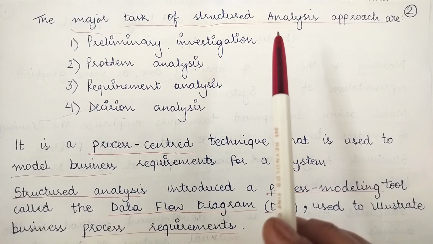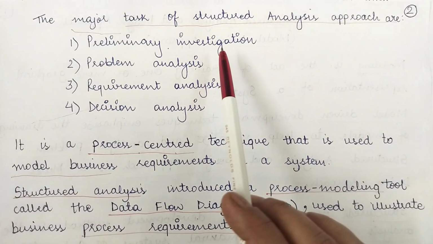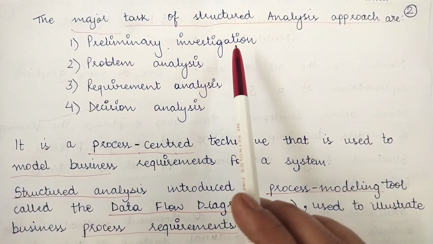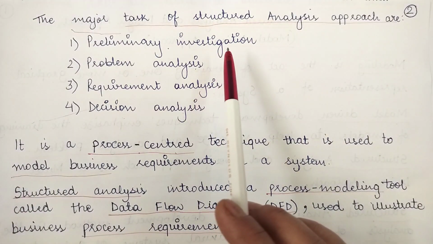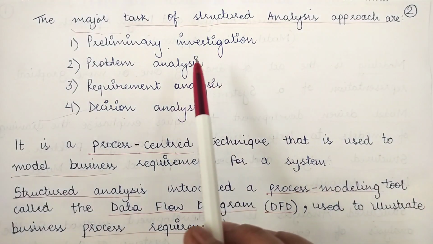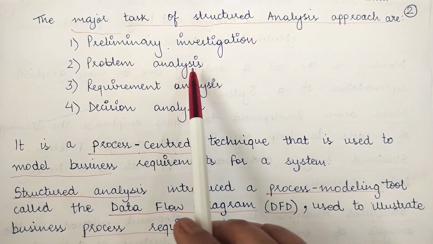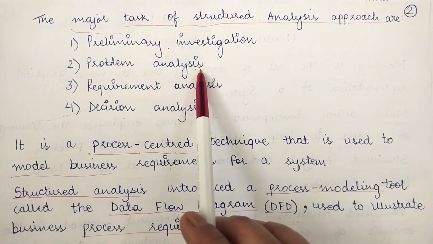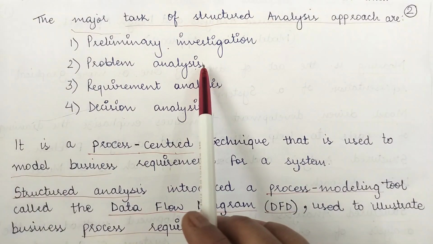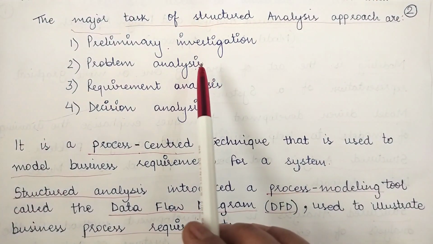These are the three major techniques through which preliminary investigation is done by the system analyst. Once the preliminary investigation is done, the next task is to do problem analysis. During the problem analysis phase, the system analyst examines the business problem.